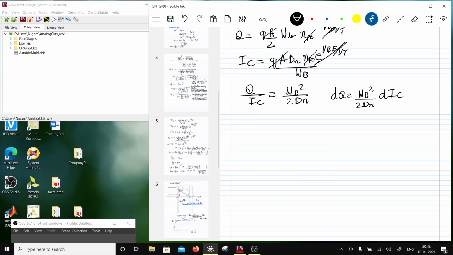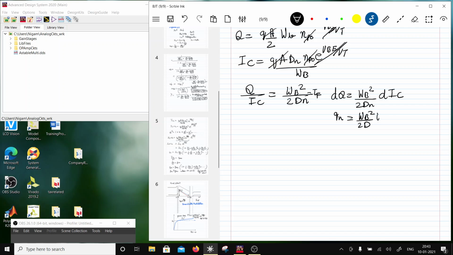So now I can say dq, the change in charge due to small signal, is equal to WB square by twice of dN. So notice this is dq, this is q, and this is q by t. So basically this should be equal to a base transit time tau f. Okay, so now the base transit time is tau f.